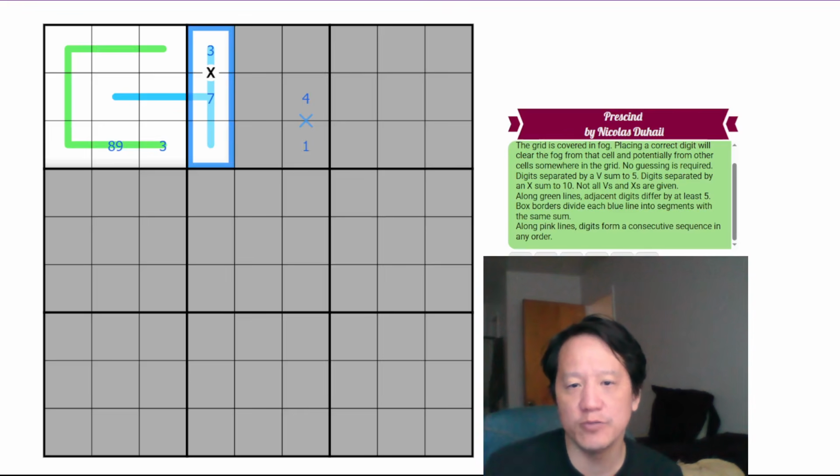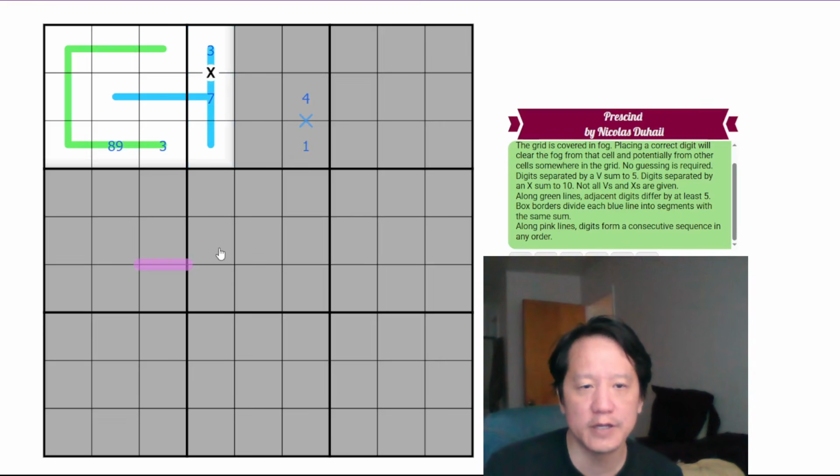And finally, along pink lines, digits form a consecutive sequence in any order. So say we had a pink line this way.